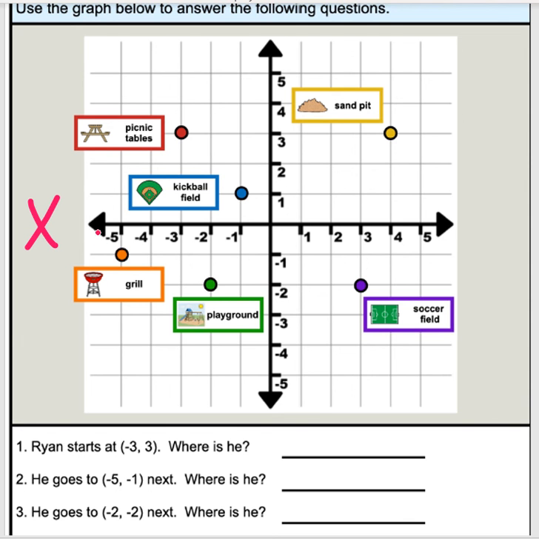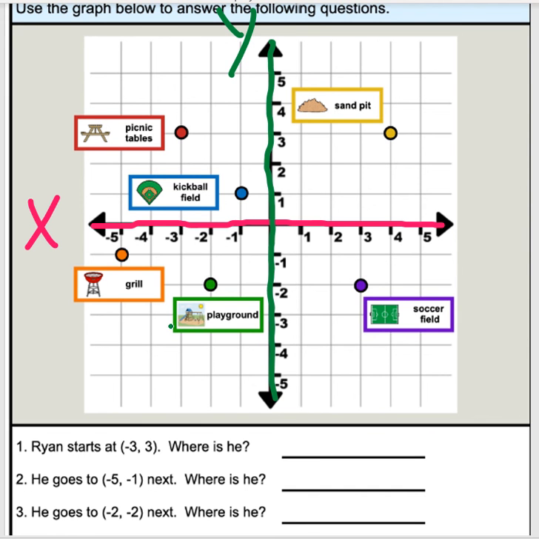So this line here, this is called your x-axis. And you also always have a y-axis. So this line right here going down is a y-axis.